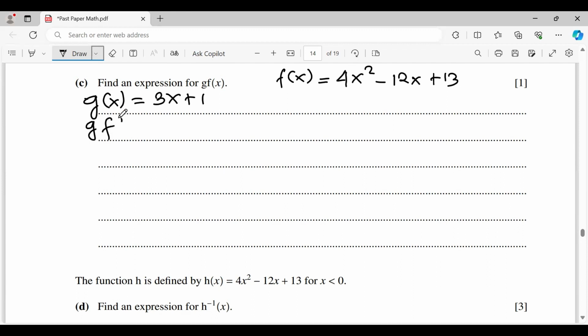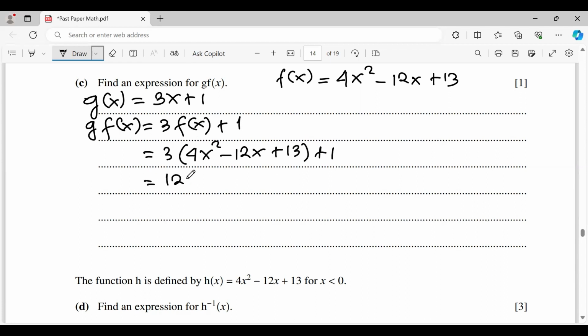So gfx equals 3 times fx plus 1 becomes 3 times 4x squared minus 12x plus 13 plus 1. 12x squared, minus 36x, plus 39 plus 1. 12x squared, minus 36x plus 40.